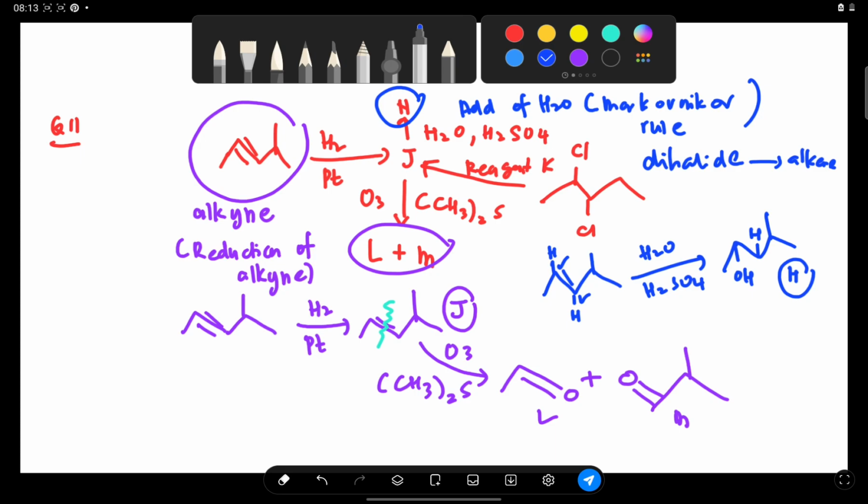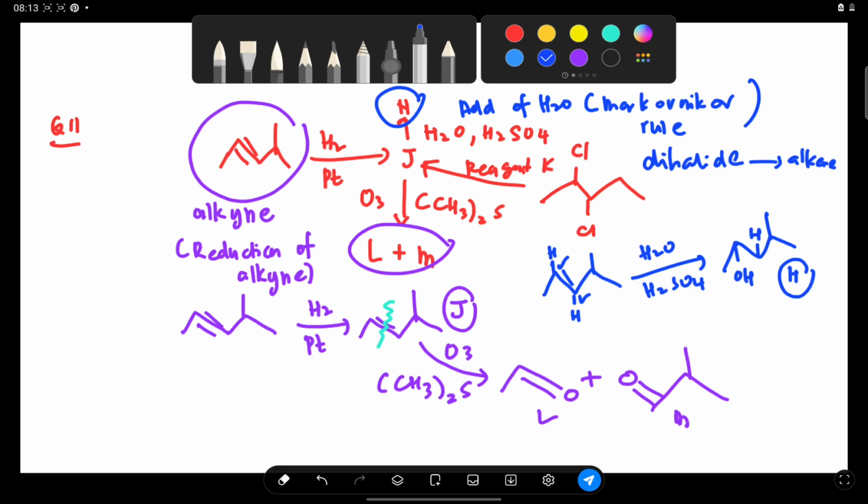Do you still remember? This is a method of preparation because the starting material has another functional group, to produce an alkene.